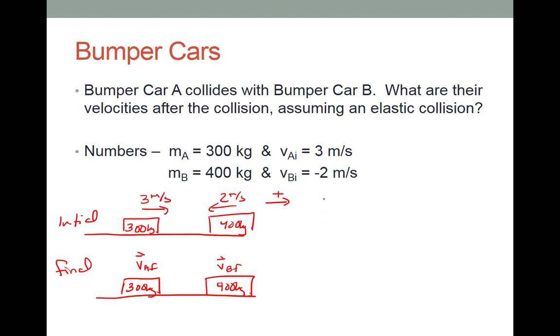Okay, so now we can write our initial momentum. It is going to be 300 kilograms times 3 meters per second plus 400 kilograms times negative 2 meters per second. And when you multiply that all out, you get 100 kilogram meters per second.